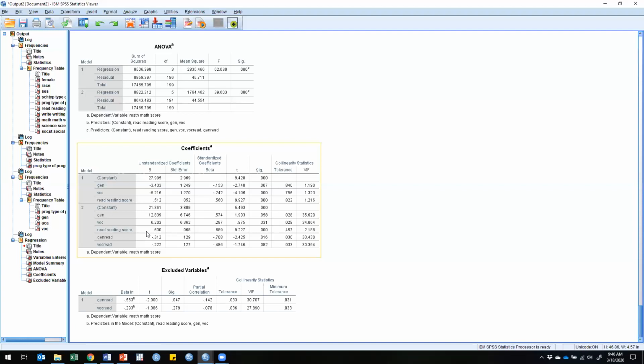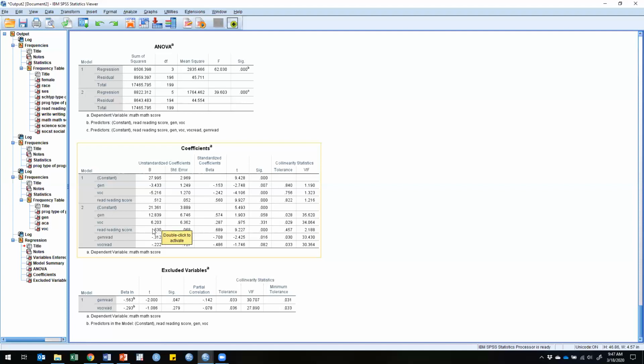You could interpret it the other way. So the impact of reading score on math scores depends on which academic program you're in. So this simple slope here is going to be different for those who are in an academic track, those who are on a general track, and those who are on a vocational track.